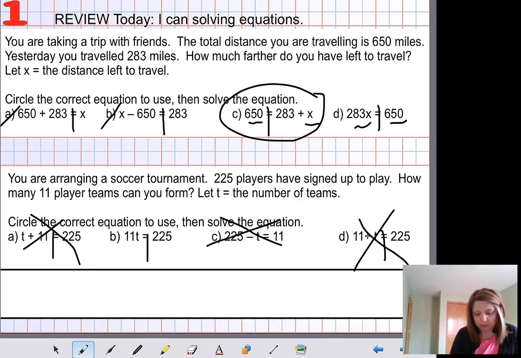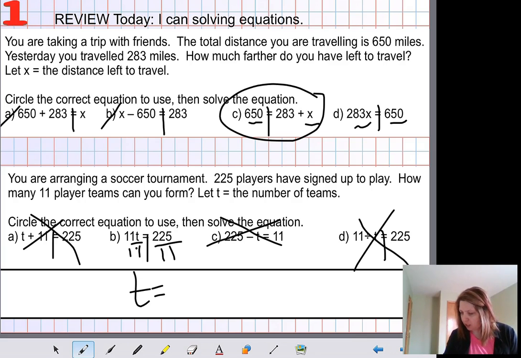And if you divide both sides by 11, you actually will get how many teams could be created with all those players. And again, if I'm using my calculator, 225 divided by 11 will give us about 20 teams, approximately. Let's say 20 teams.